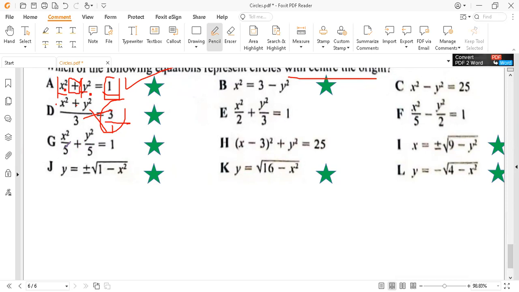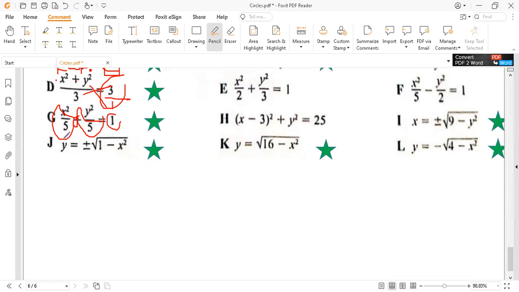The same for here. We have the coefficient 1 over 5, a plus between them, and a positive 1. So yes, it is an equation of a circle centered at the origin. Y equals plus or minus radical 1 minus x squared. If we square the whole equation, the left-hand side and the right-hand side, we obtain y squared equals 1 minus x squared.